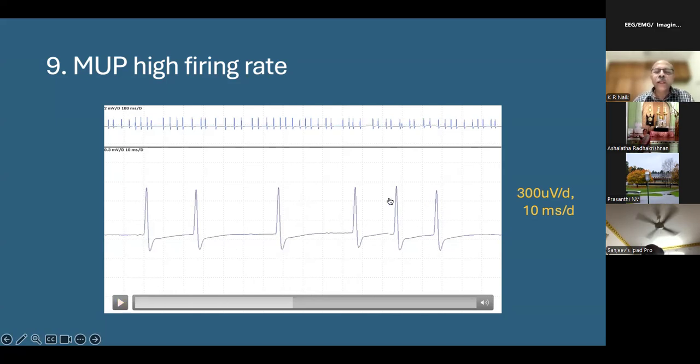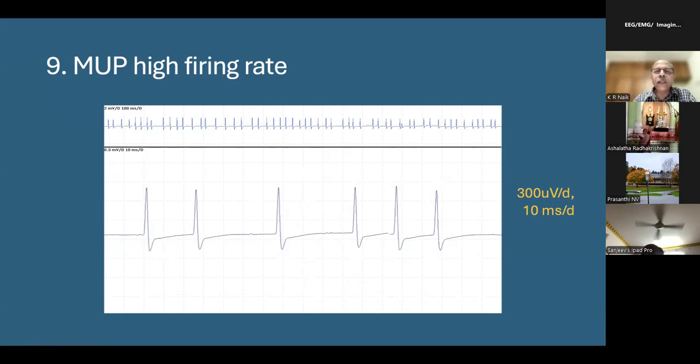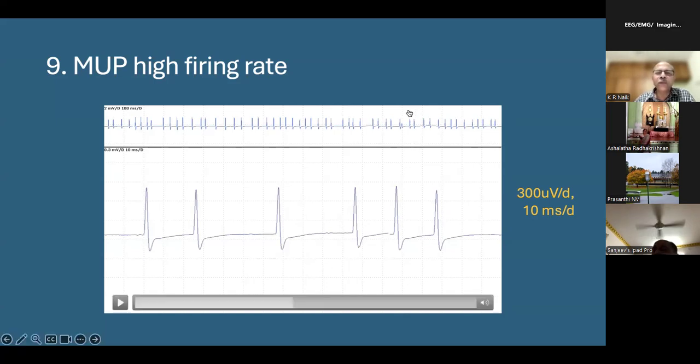And even when this single poor MEP is firing, there is no other motor unit which is firing. So this person has a long-standing chronic neurogenic disorder with markedly reduced motor units, because this is what I identify. If the firing rate is more than 15, the second unit should have come, which is not occurring. So the motor units are reduced.